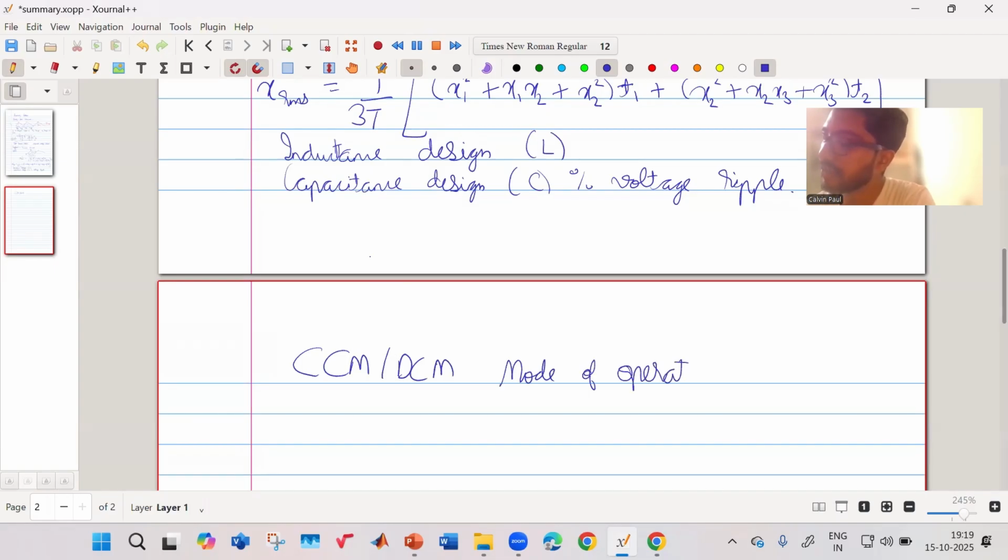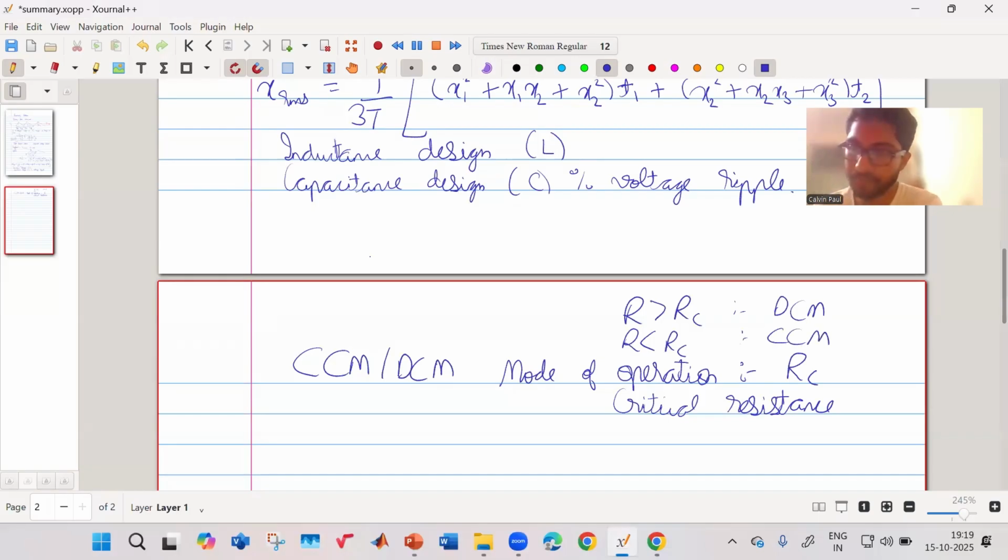For this, you have to get the RC, the critical resistance. Okay. If the load resistance is more than RC, then it will be operating in DCM. So that means if R is greater than RC, it means DCM operation. If R is less than RC, it means CCM operation. Okay. This is good.